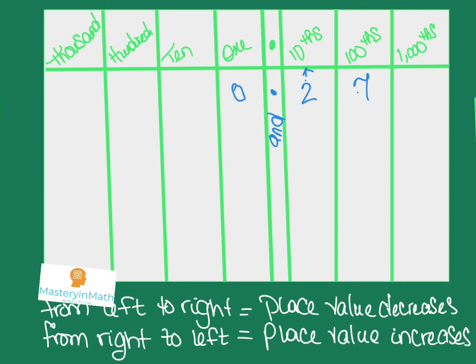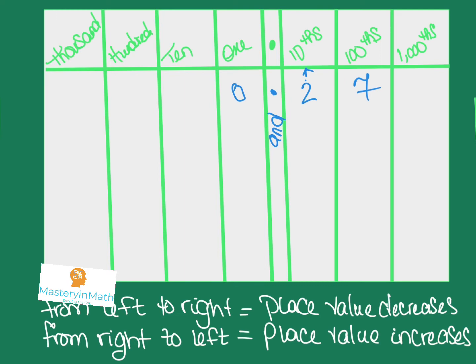Now, if you had 0.27, in word form it will be 0 and 27, because now you're chunking it. This number is 27. But the place value that the last digit is in, that's the place value we would call. So we would say it is 0 and 27 hundredths, because that 7 is now in the hundredths place.